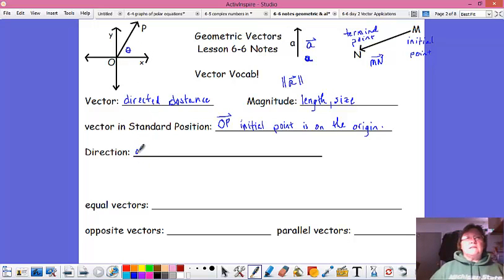The direction is the angle that the vector makes with the positive x-axis. And I say x-axis, but really not all vectors have to be at the origin. In standard position, it's easy to say x-axis, but really it's the angle that the vector makes with the horizontal.